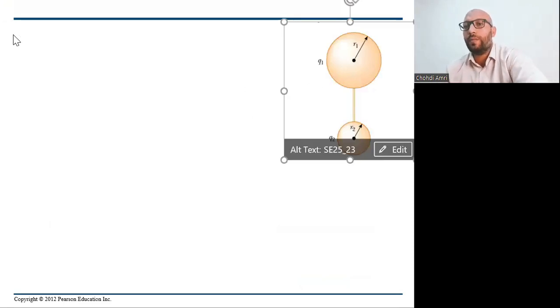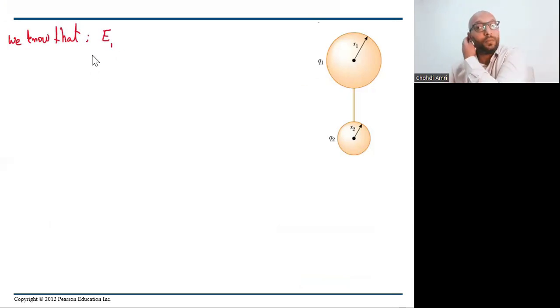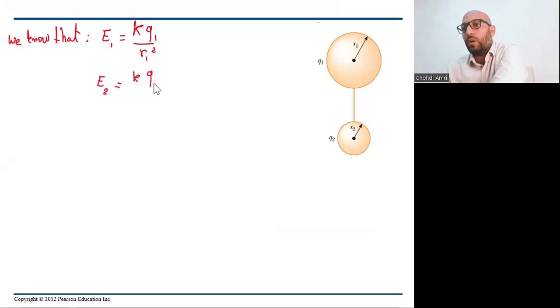What do we know? What is the electric field produced by sphere 1? K Q1 over R1 squared. The electric field produced by sphere 2 is K Q2 divided by R2 squared.